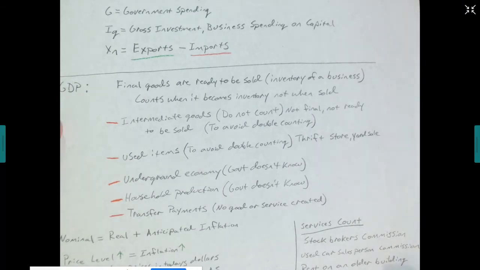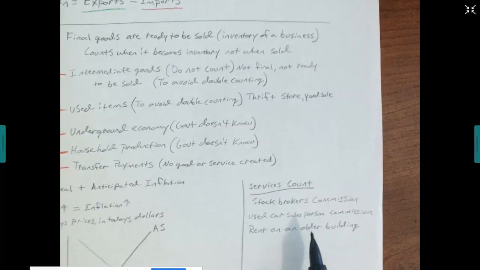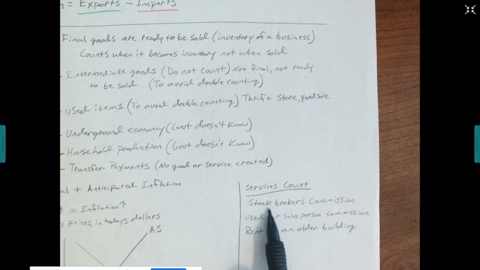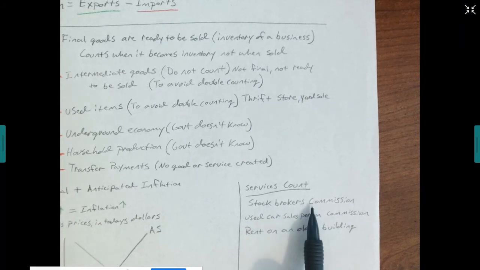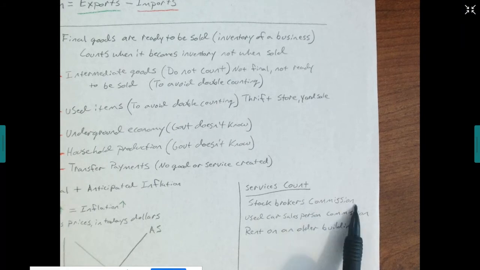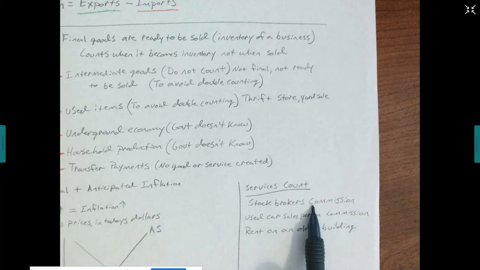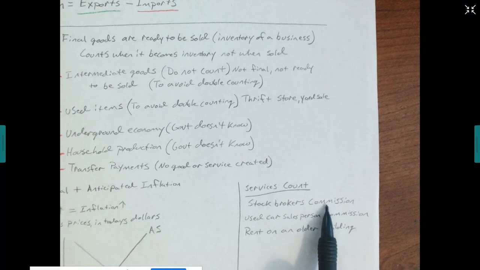Now, services do count. The stockbroker that sold you the transfer payment stock, their commissions will count. If the stockbroker sold you a stock that was valued at $100 but charged you $102, that $2 commission fee would count towards GDP because that's their service charge.